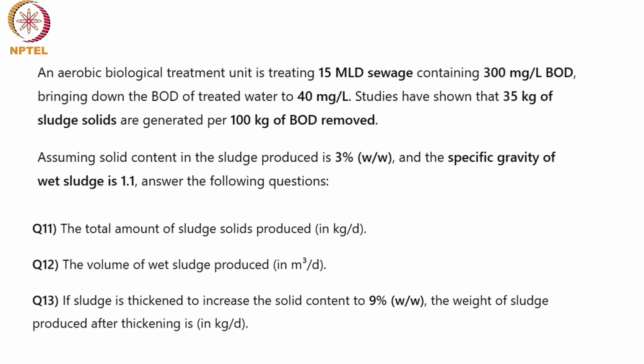If we solve, 1365 into 3 divided by 100, we will get 40.95 kgs per day. This is the weight of the solids. Now after thickening also the weight of the solids is going to remain the same, but this will be 9%.